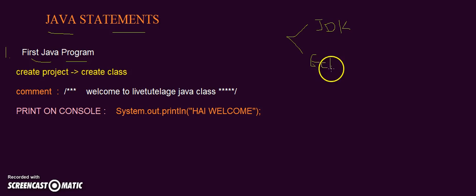IDE is nothing but Integrated Development Environment, an editor to write program instructions for Java. Now for that, first you have to create a project and then create a class for it.